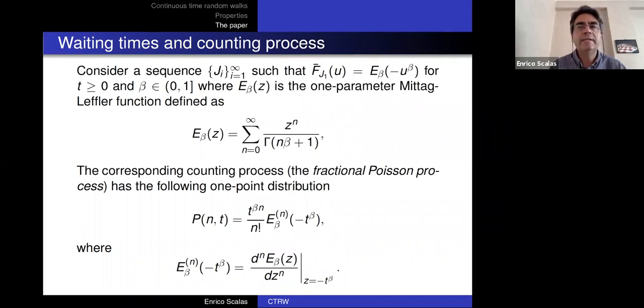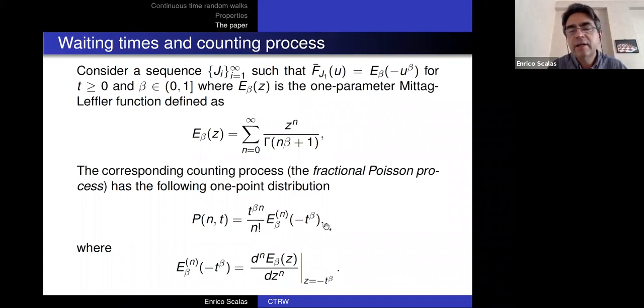So you can use the method that we discussed yesterday to find the one-point distribution for the counting process, and it turns out to be given by a formula like this one, which generalizes the formula for the Poisson distribution, where you have this t to the beta to the power of n divided by n factorial.